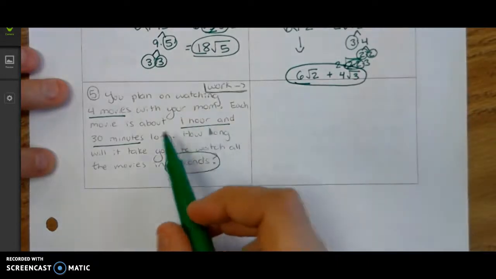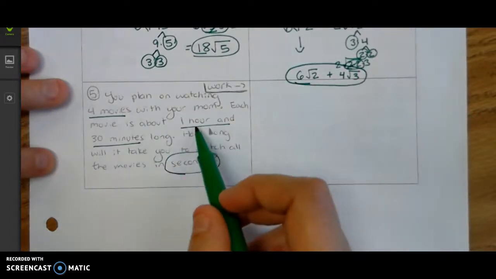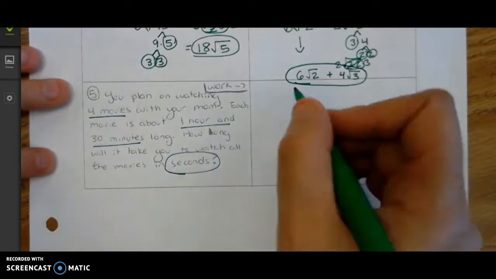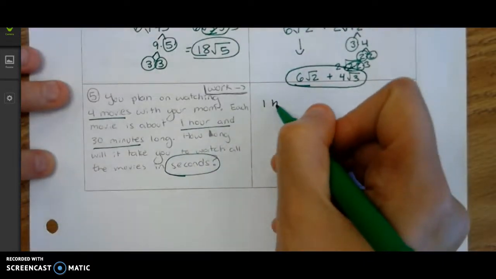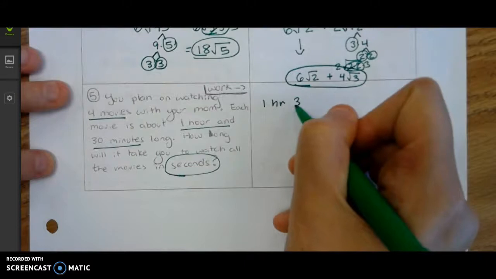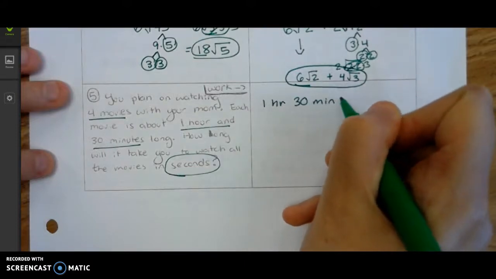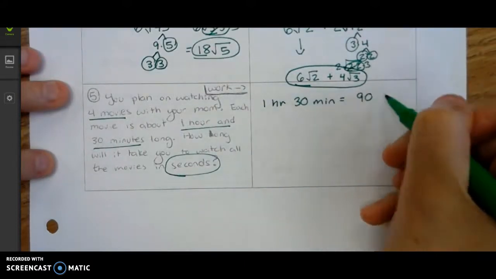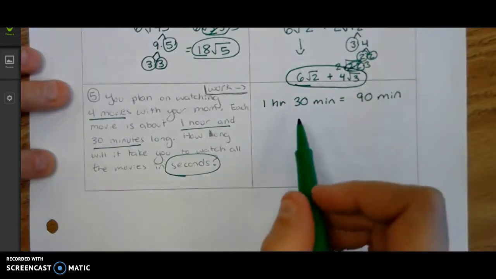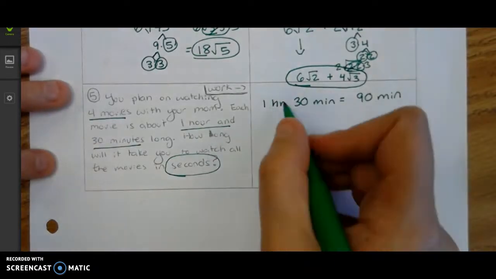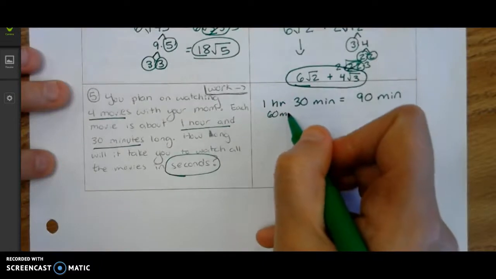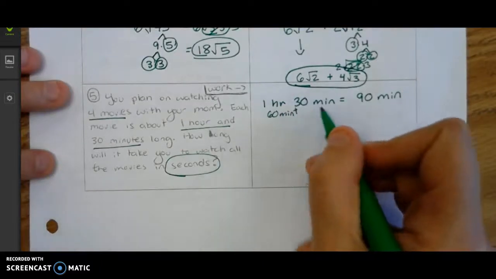I'm going to change this to minutes just to make it easier because I know how many minutes are in an hour. So 1 hour and 30 minutes is equal to 90 minutes. And I got that because 60 plus 30 is equal to 90.